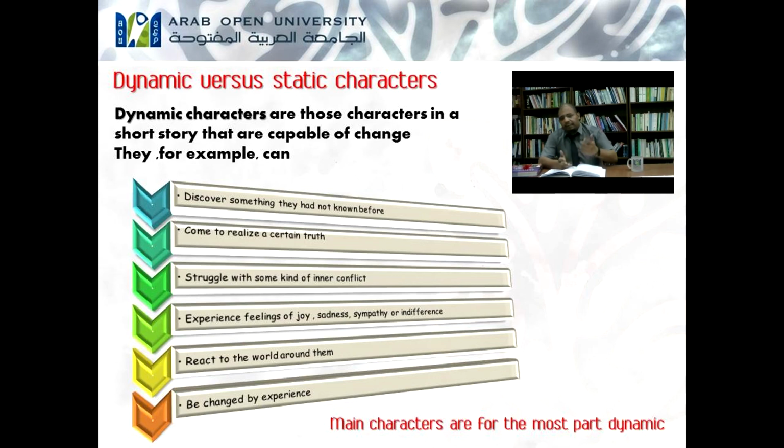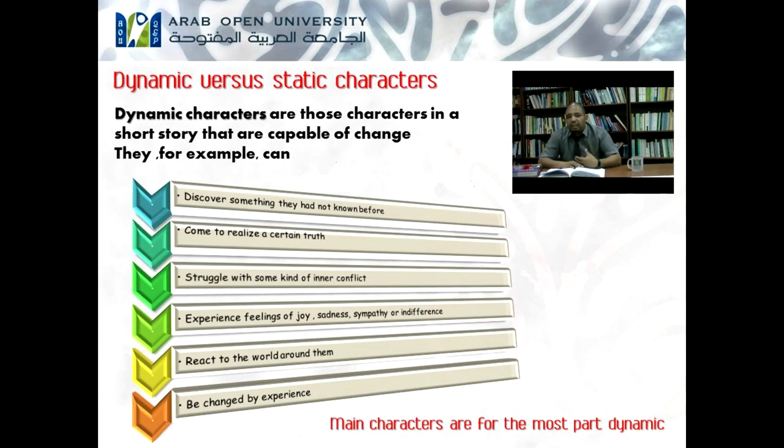For one, he discovers something that he hadn't known before about Bob, and also he has this internal and hidden struggle within his mind and soul, whether to turn his best friend over to the police or to act as if he doesn't know about the fact that his friend is a criminal.